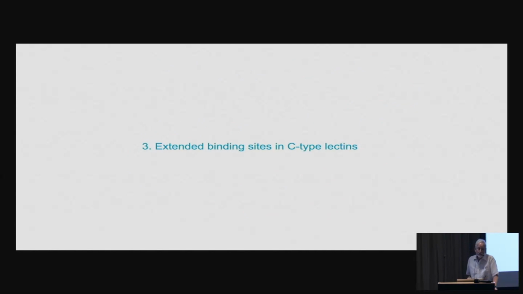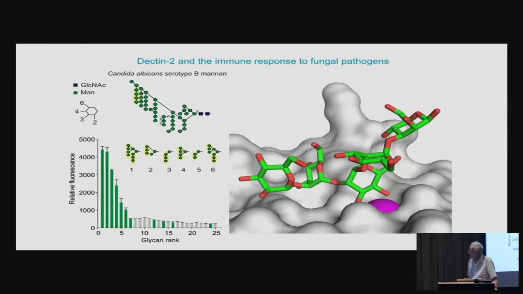Of course, the binding sites aren't just as simple as the monosaccharides, and this is where they start to differ significantly from the siglecs, because the binding sites can be more extended. And so we can get these quite lovely glycan array results where we put a protein, in this case dectin 2, a receptor found on macrophages that binds to yeast in particular, on the glycan array and score what are the things that it binds to best.